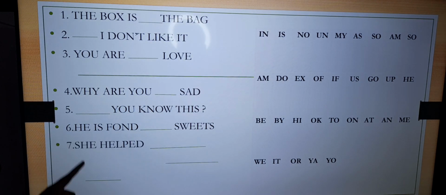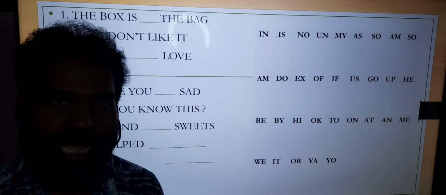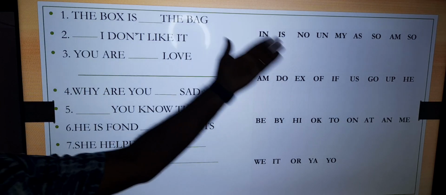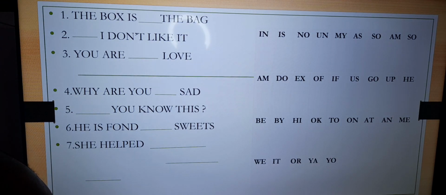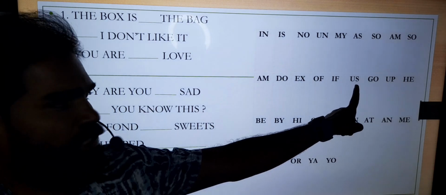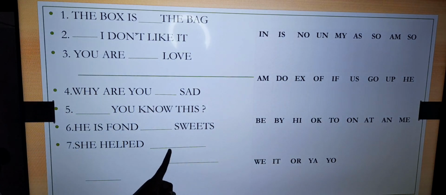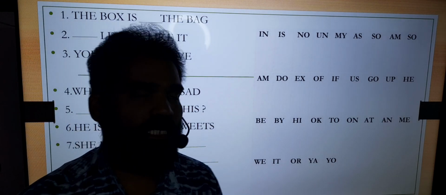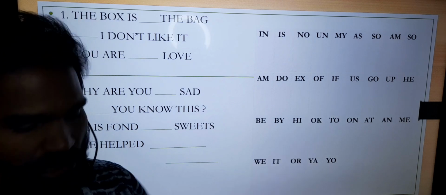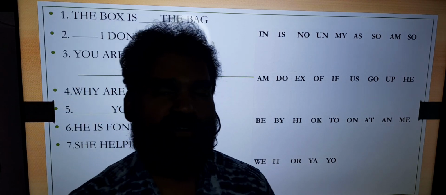It's here. She helped dash. So in this dash, we can pick a suitable two-lettered word. Okay, which one can be fitted? She helped. For example, you take this, us. She helped us. When do we use this word us in speaking or writing? What's the meaning of us?